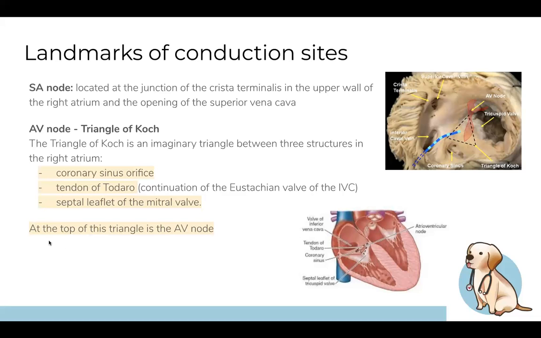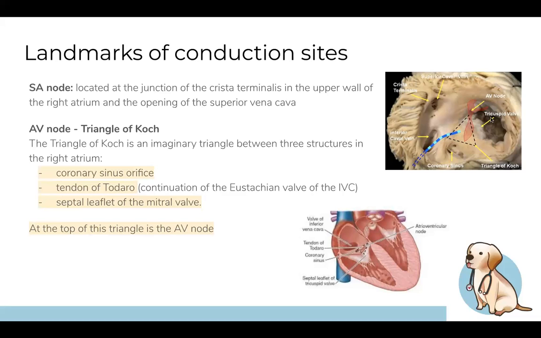So yes, thank you, Zenya. That's another part of the triangle, the tendon of Todaro, and then the septal leaflet of the mitral valve. The valve has 3 leaflets. The septal leaflet is the one closest to the septum, the wall that goes through the heart to separate the two halves.